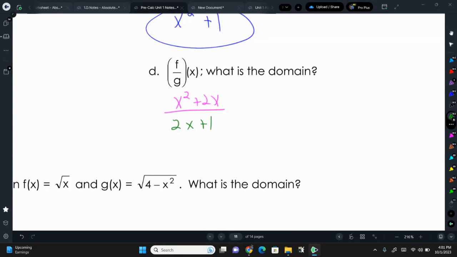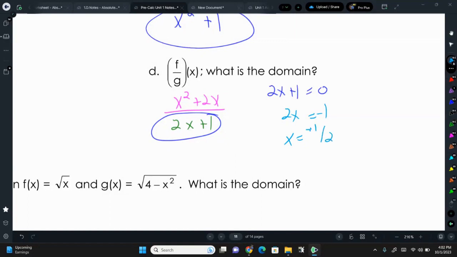So that's as far as we have to go. We do need to make sure, though, that we can't have a 0 in the denominator, so 2x plus 1 equals 0. 2x equals negative 1. x is equal to negative 1/2. Now, the directions didn't say interval notation, so we can just say x can't equal negative 1/2.